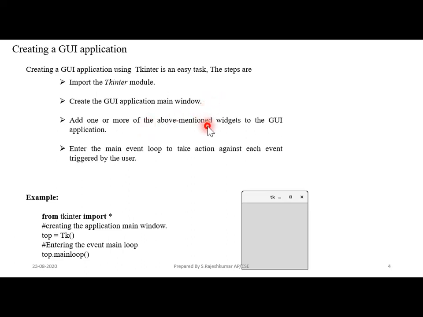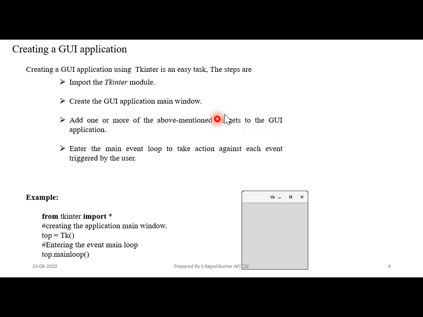It will create the GUI application in the main window, and add one or more of the above-mentioned widgets to the GUI application. There are a lot of widgets designed; I will show you in the next presentation slide what widgets are available.